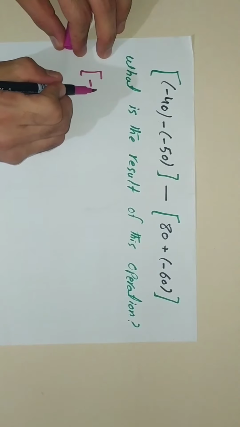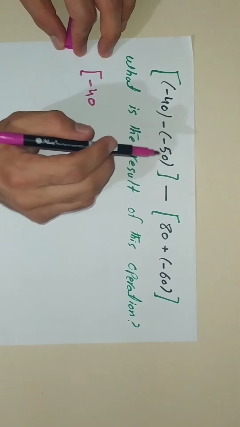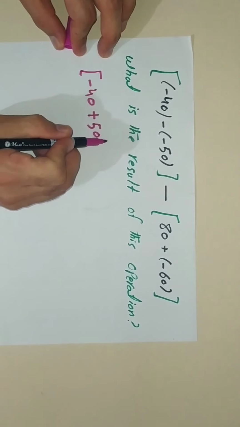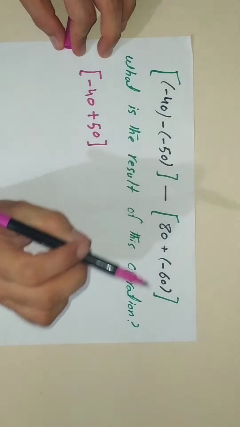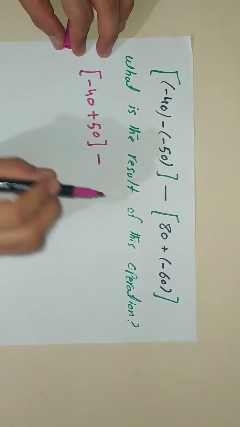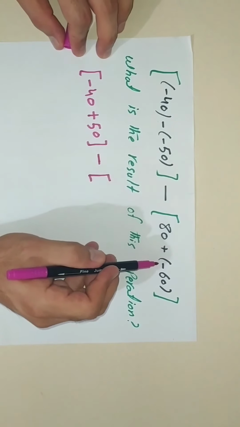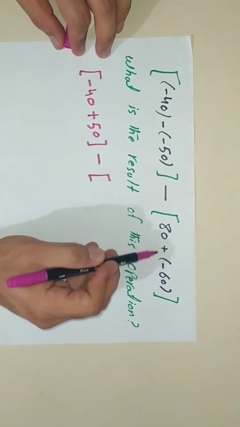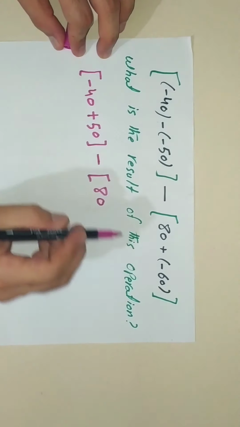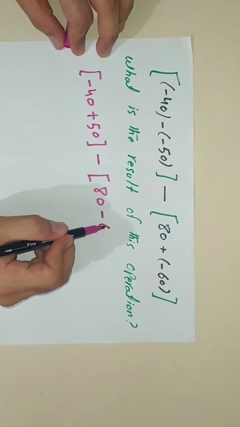It is minus 40, and the product of the same signs will always give plus, so it is plus 50, and we will not do anything with this sign. This sign will remain the same, minus. In the other bracket, 18 plus. Now it is a product of opposite signs. The product of opposite signs will always give us minus, and it is 60.